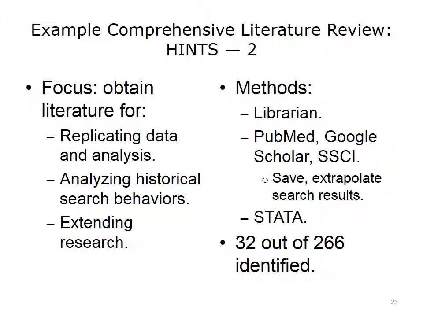Another 201 were excluded because they used a variable that was only used in 1 year, making the replication part of the project more difficult. And at the end of the day, only 32 articles or studies were readily replicable out of the 266 first identified.